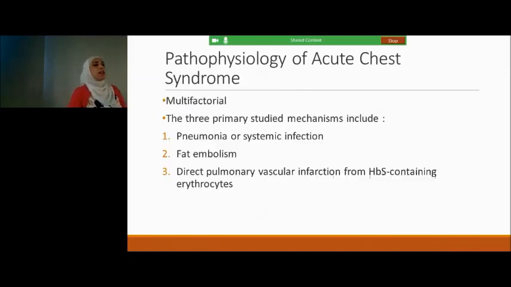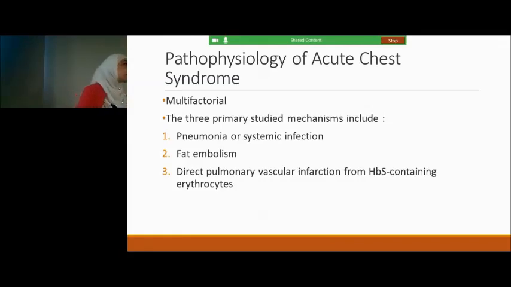So what is the pathophysiology underlying acute chest syndrome, and how does that happen? A lot of theories have been proposed and discussed as underlying mechanisms for acute chest syndrome, and by reviewing the literature, I found there's focus on three main mechanisms.